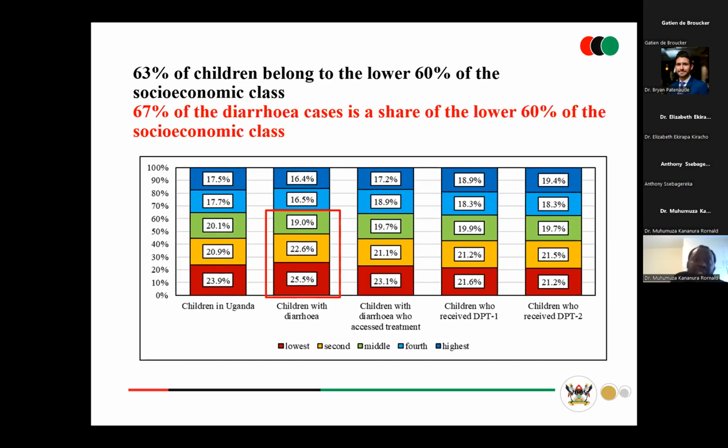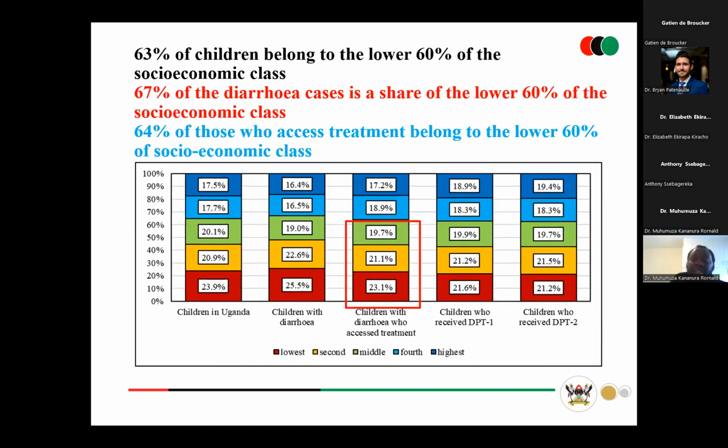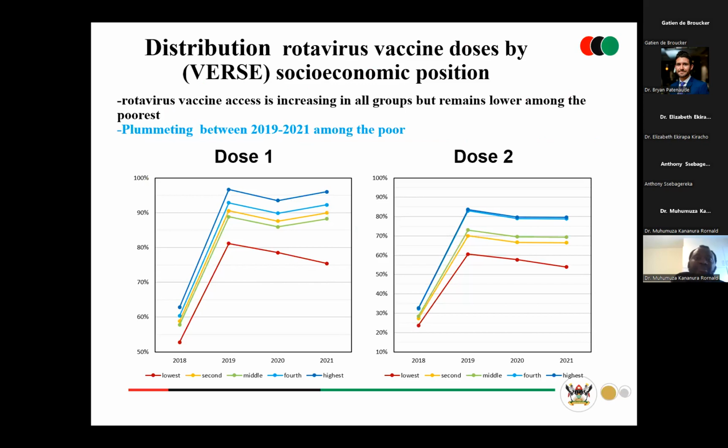And in terms of diarrhea, 67% of diarrhea prevalence cases are a share of the lowest 60% of the socioeconomic class. And the same applies to the 64% of those who access treatment, who belong to the lowest 60% of the socioeconomic class.